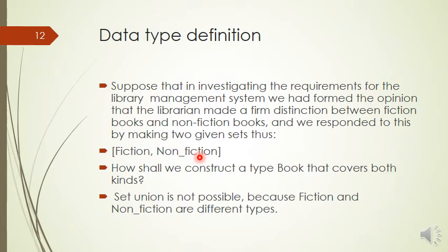So we declared two basic types, but the problem is that for a library management system we need a fundamental type book, and we cannot apply the set union operator because fiction and non-fiction are two different types, and by definition union of two similar type of sets is possible. Therefore we need another kind of function which are known as constructor functions.